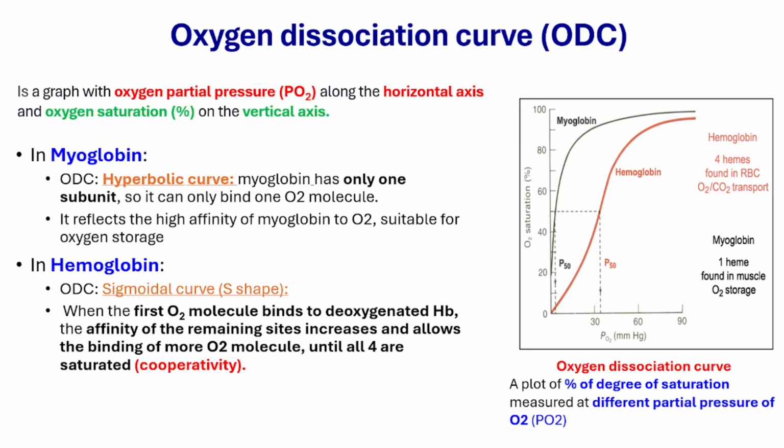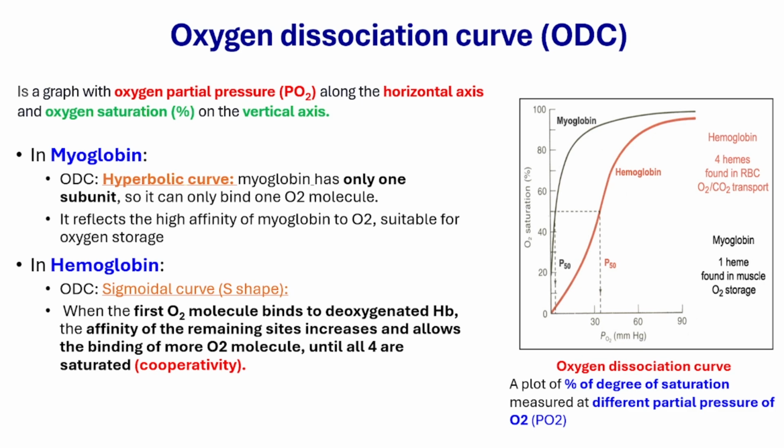However, for the hemoglobin, I have 4 sites of oxygen binding to fill. So I need more oxygen, right? It's not only one. That's why the ODC for hemoglobin has what we call an S shape, or sigmoidal shape.